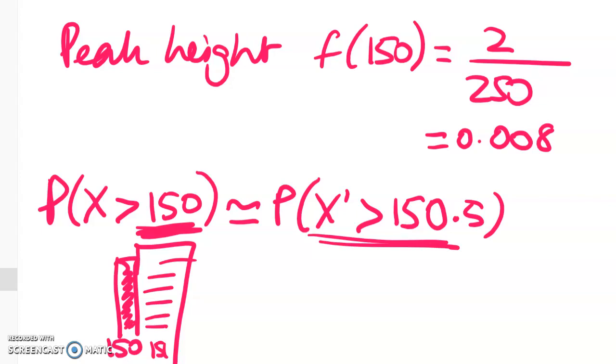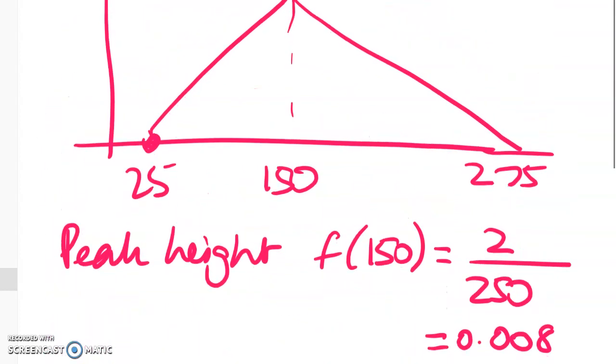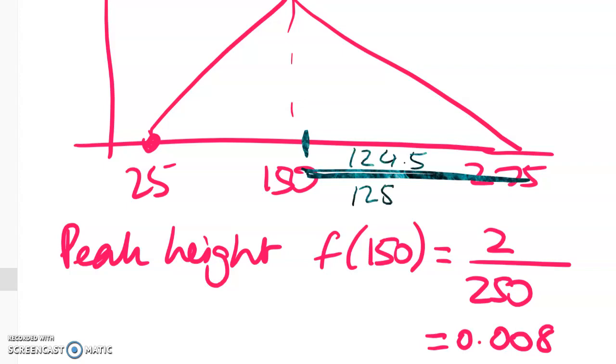And when you work that through, we have to find the height at 150.5. So going back up here, doing our usual thing, there's 150.5. If you're doing it the similar triangle way, we've got 124.5 here out of 125.